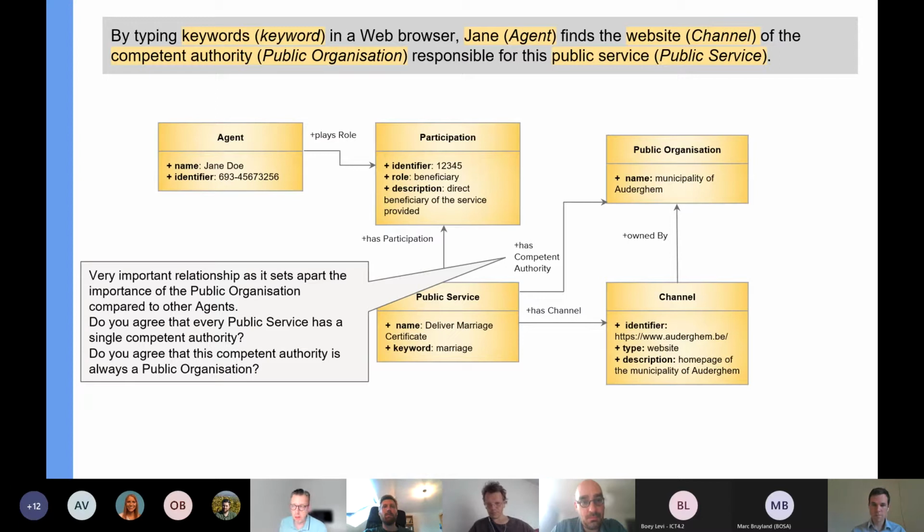If it's on the municipal level, it will be the municipality who will be the competent authority. If it's on really big projects, like throwing the spatial planning of Antwerp around, it will be on a regional level. It's all about spatial planning, but the question is, is it twice the same service? That's what I ask myself. Is a spatial planning on the municipal level the same service as on the regional level?